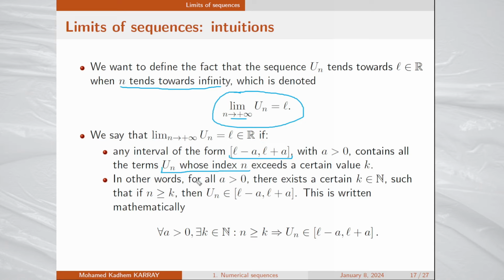In other words, for any A strictly positive, there exists a certain integer k such that for any n larger than k, un falls within the interval L minus A, L plus A. So this may be written mathematically like this. For any A, there exists an integer k such that n larger than k implies un is within the interval L minus A, L plus A.